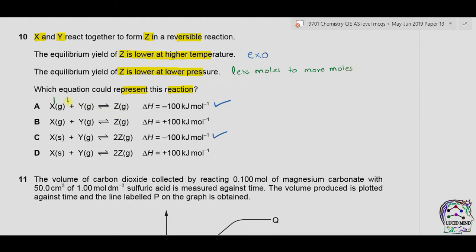We have 1 plus 1, so 2 moles of reactant and 1 mole of product. So this reaction can go from fewer moles to more moles, so A could be correct. In C, we have 2 moles of reactants and 2 moles of product. As the number of moles are equal, there will be no effect of pressure on the equilibrium yield. So C is incorrect. The correct answer is therefore A.